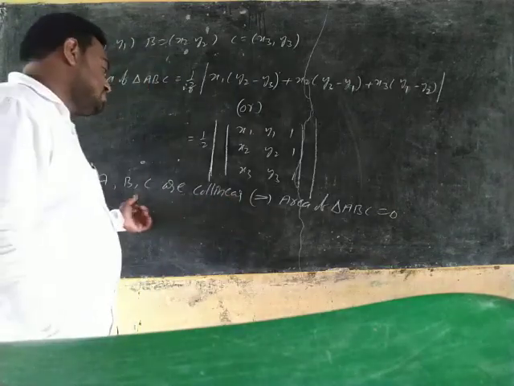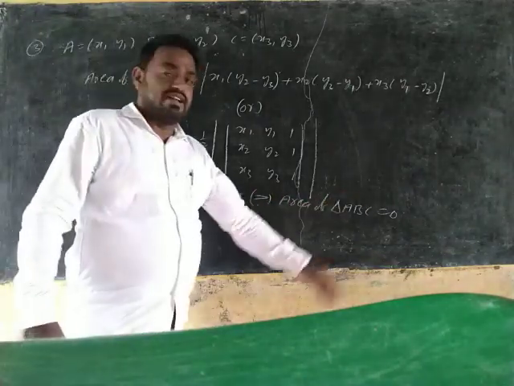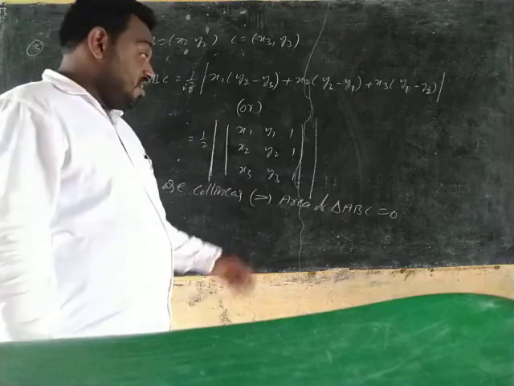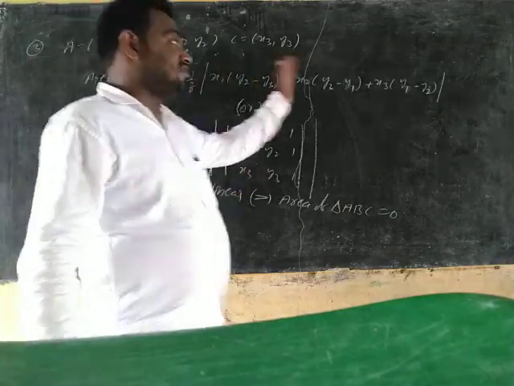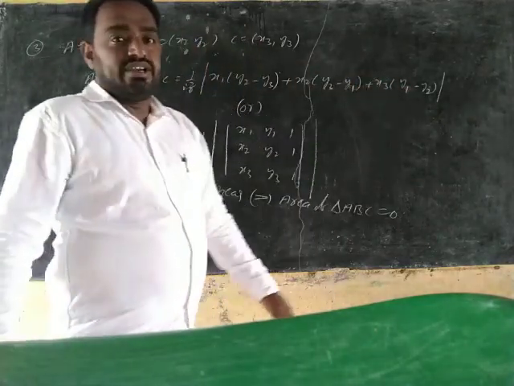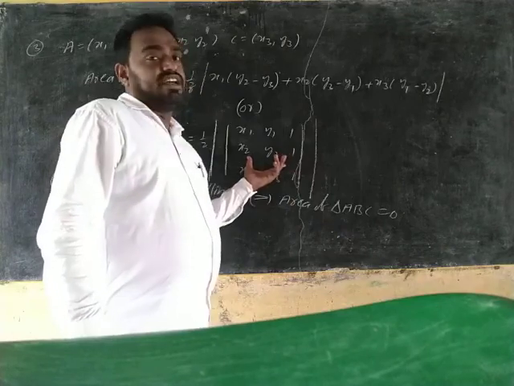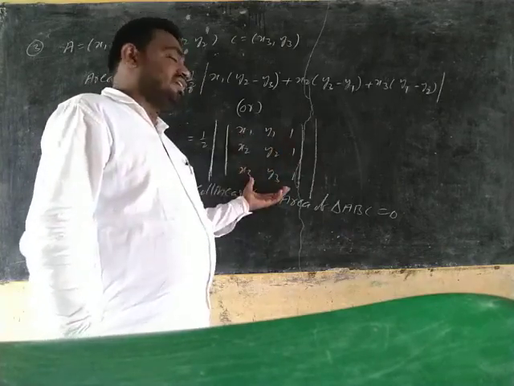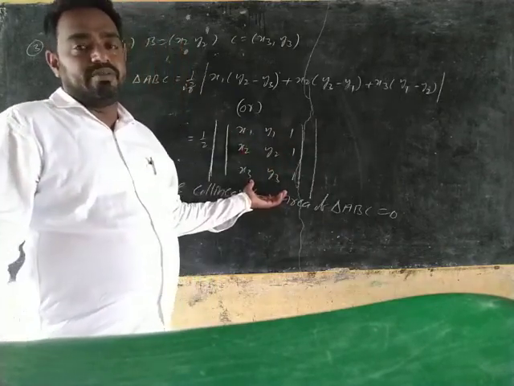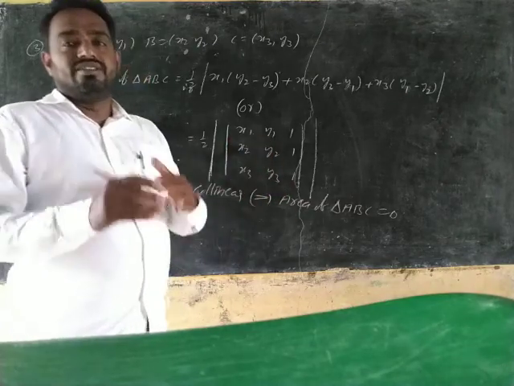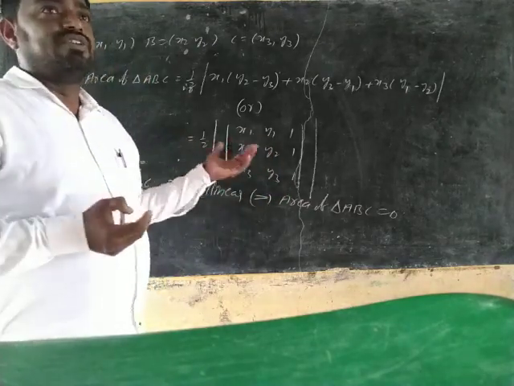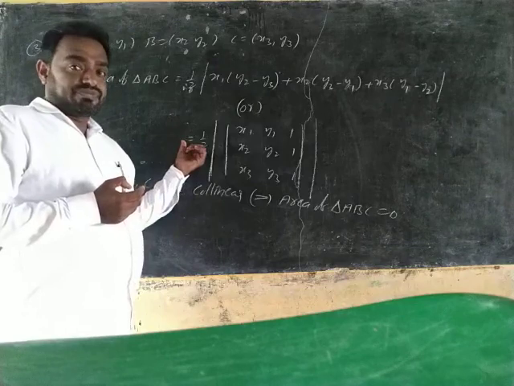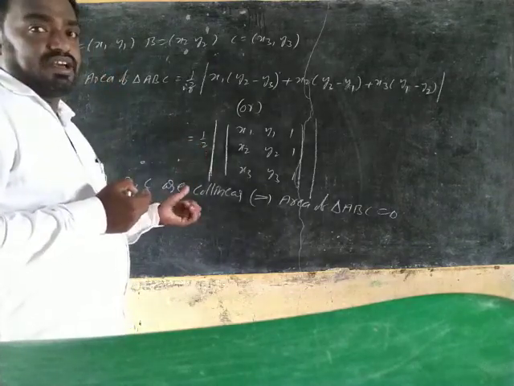In the same way, in the matrix determinant also, we get the determinant value 0. If the determinant value is equal to 0, then the points are collinear. So this is the condition for collinearity.